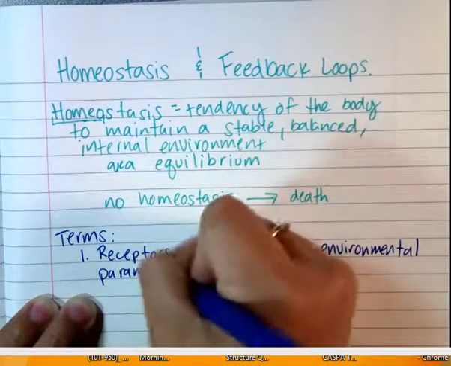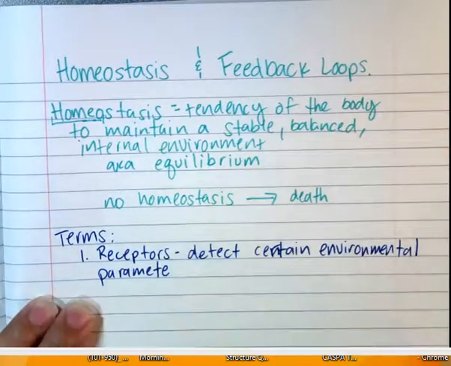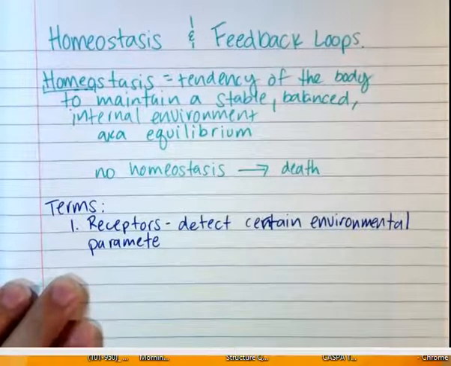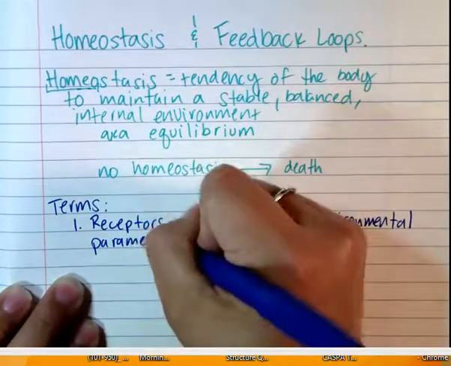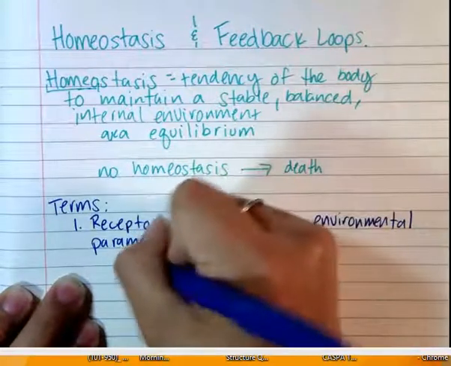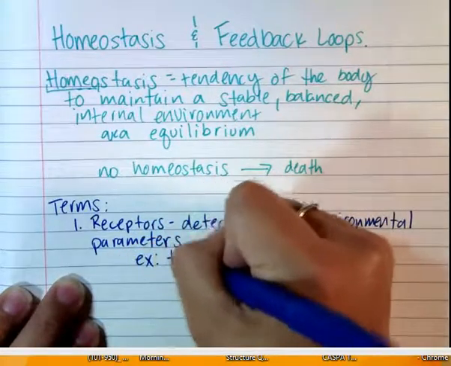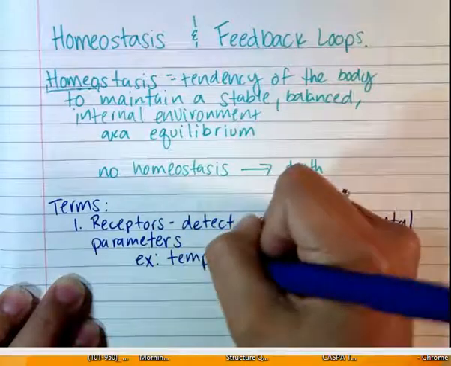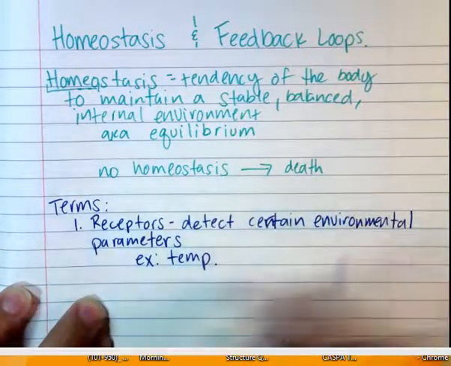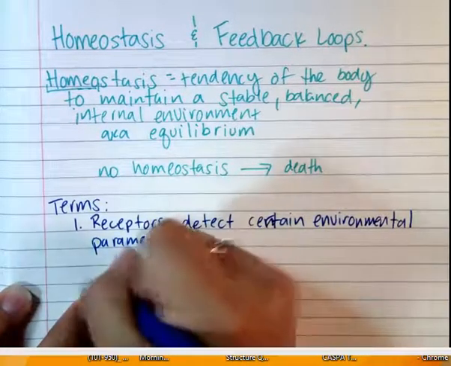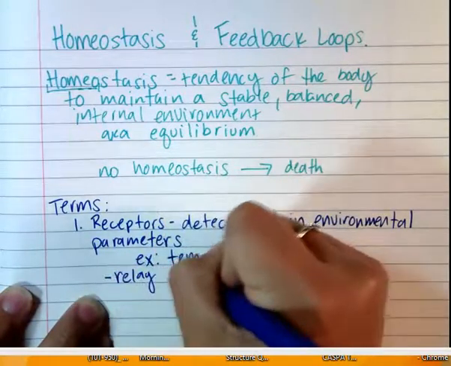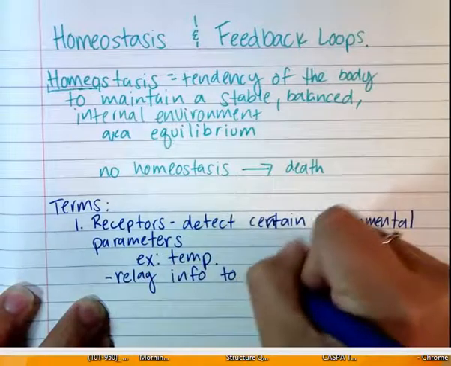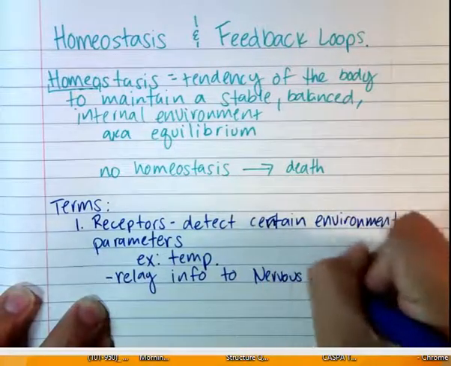For example, you have receptors that detect your temperature, making sure that you stay within that required range. They're going to relay that information to the brain or to your nervous system.